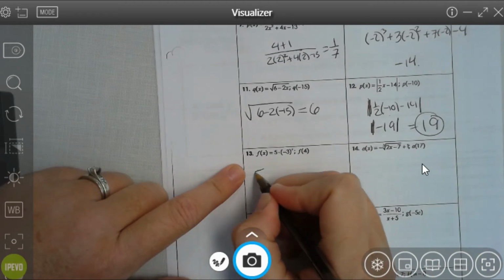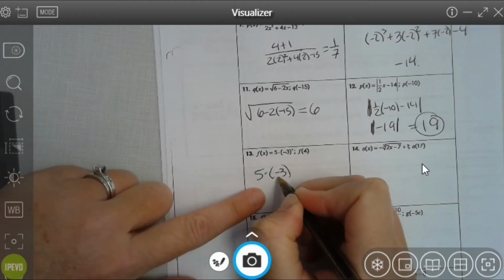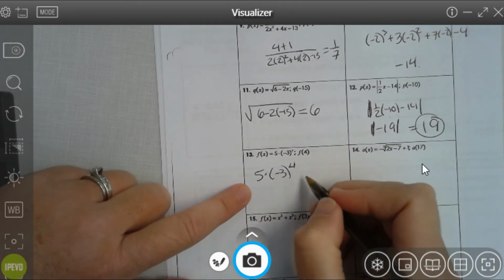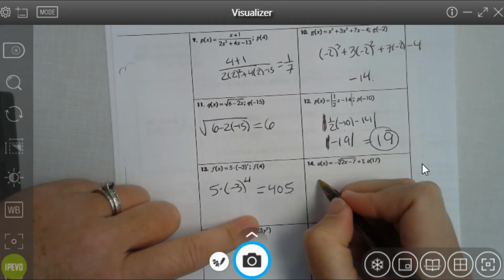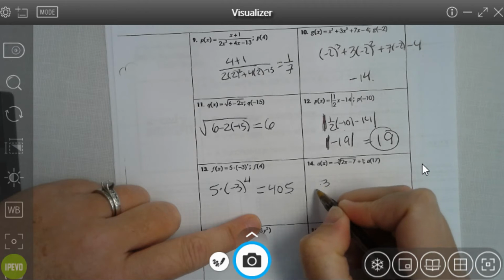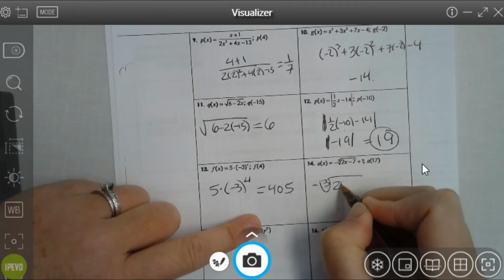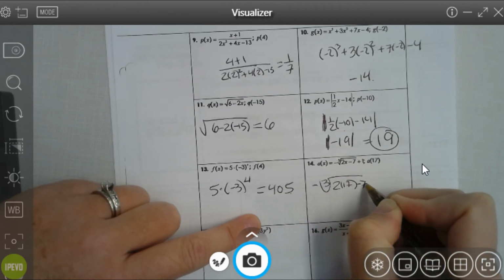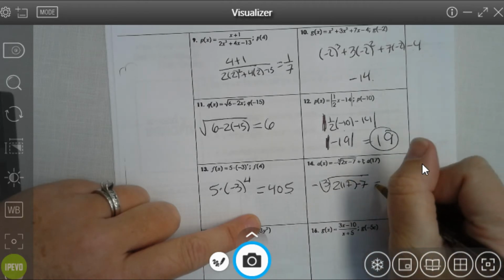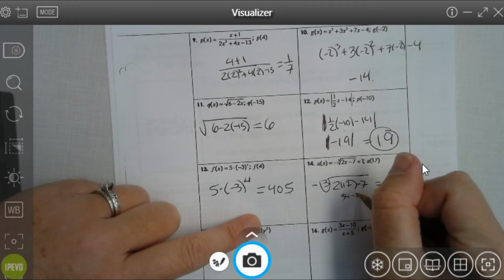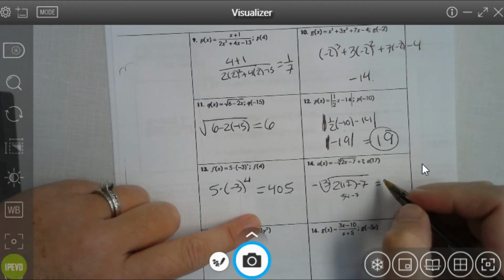Plug in here. So this is 5 times, make sure you put the negative in a parenthesis, then a power of 4. Just hit equals, and you should get 405. Let's see. I think that's supposed to be a negative cube root of 2 times 17 minus 7. And so the cube root of that, 34 minus 7 is 27.